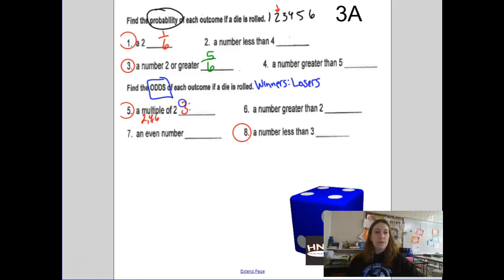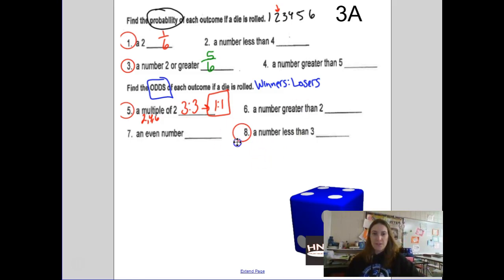So there are 3 winners, and the losers are 1, 3, and 5. So 3 to 3 are the odds of rolling a multiple of 2, but just like fractions, odds ratios can reduce as well. Some textbooks differ, but I'd like you to write the odds as a ratio with a colon in between, rather than a fraction, because a fraction signifies that odds are the same as probability.